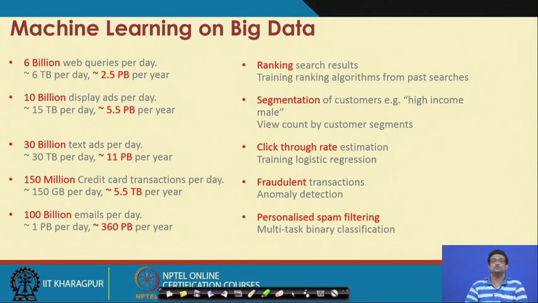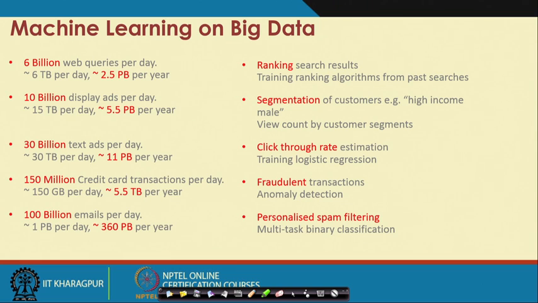So, maybe you use logistic regression or some other model for training the click through rate. Okay. Then you may want to detect fraudulent transactions among the credit card transactions that happen every day. So, this is again an anomaly detection problem, which is a machine learning problem.